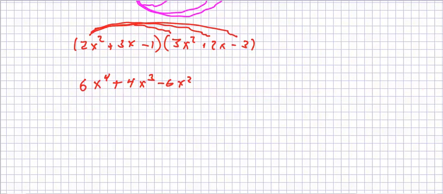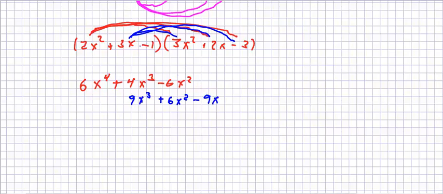We're then going to take the 3x times everything, and we get 3 times 3, 9x to the 3rd. Notice I'm putting this underneath this because these are like terms. Then I get 6x squared, again lining up my like terms, and minus 9x.